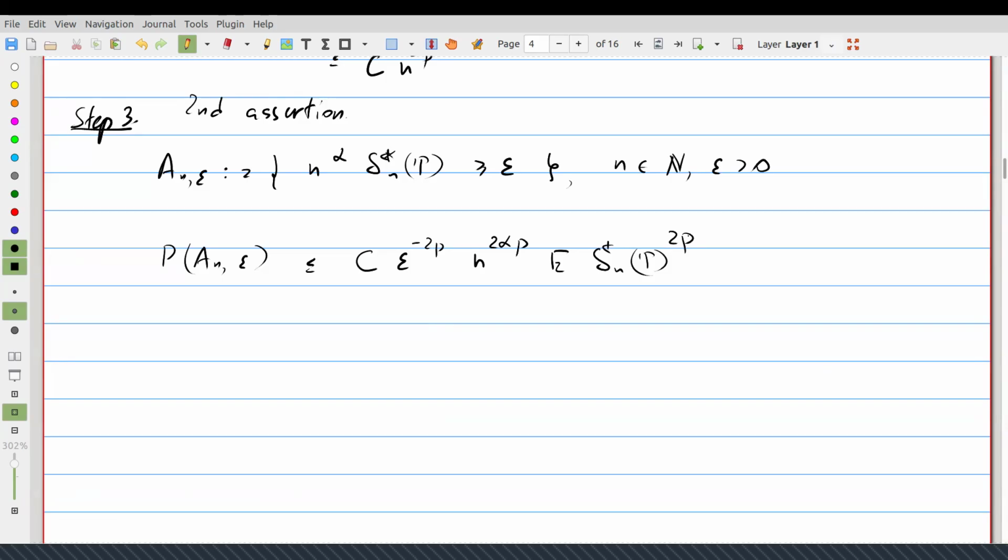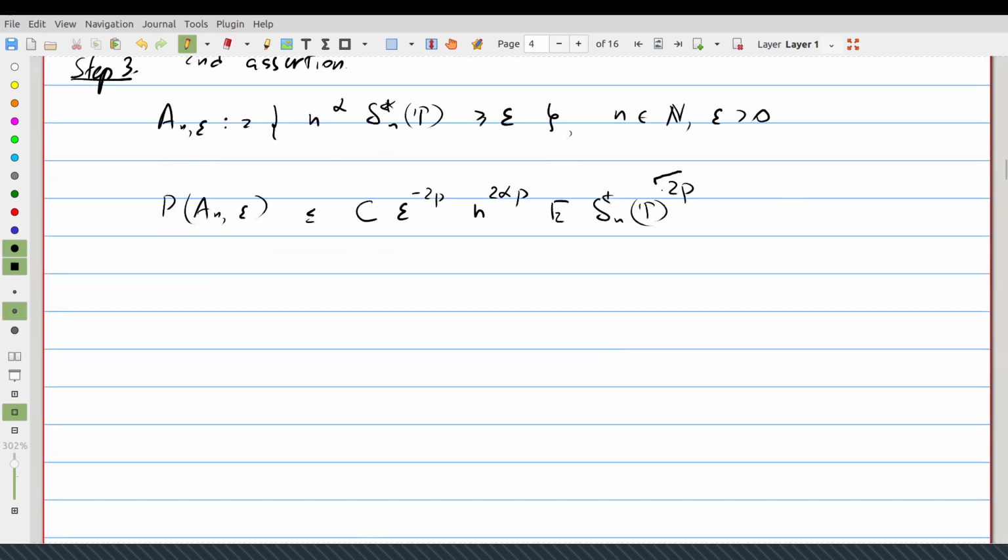My connection got unstable, but I think everything is back to normal. So this is just the Markov inequality for the moment of order 2p. And now we can check, then this is less than C epsilon. Epsilon is fixed, so it just goes here.